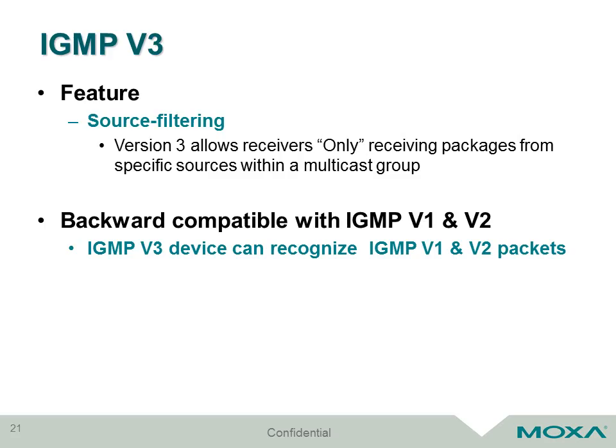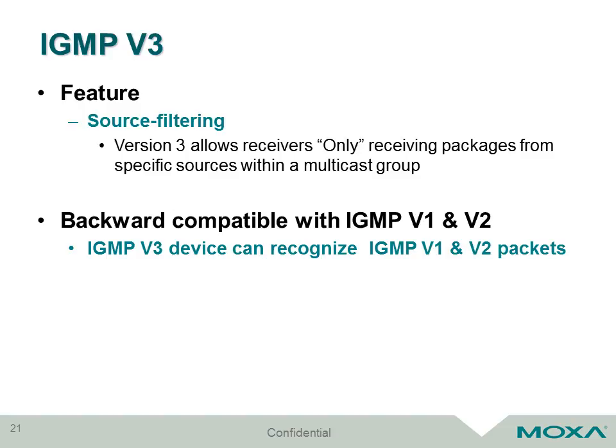Now we are going to move to IGMP V3. IGMP V3's feature is source filtering. What is source filtering? Basically, source filtering allows a receiver to only receive packets from a specific source within a multicast group.